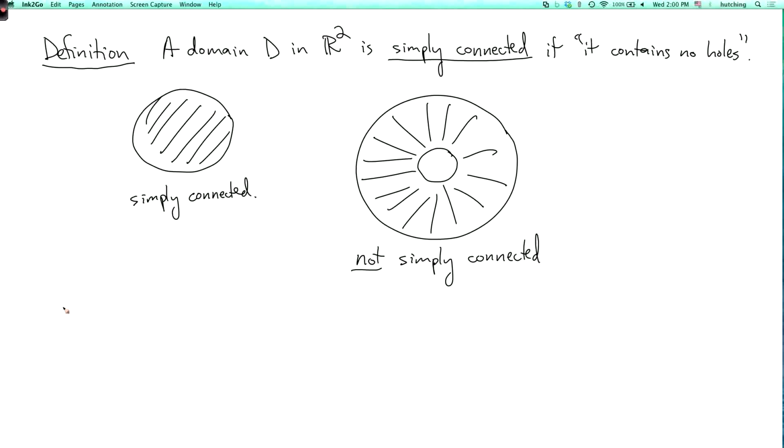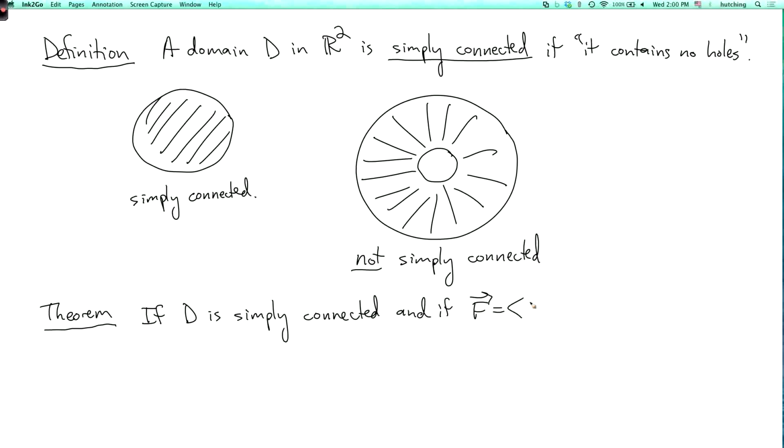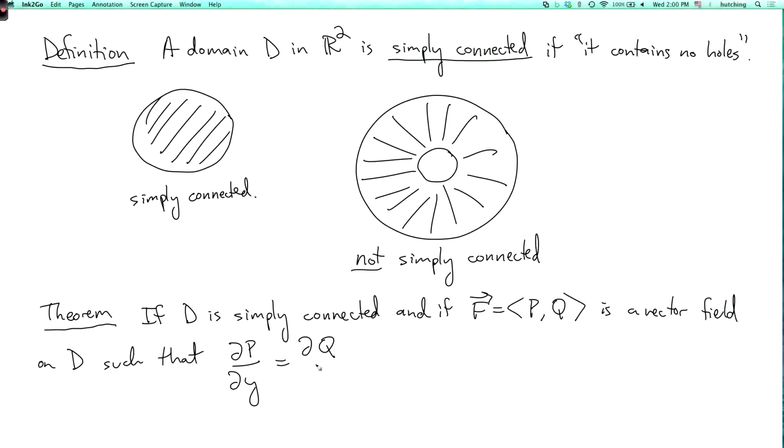Okay? And then the theorem is that if D is simply connected, and if F equals PQ is a vector field on D such that dP/dy equals dQ/dx, then F is conservative.